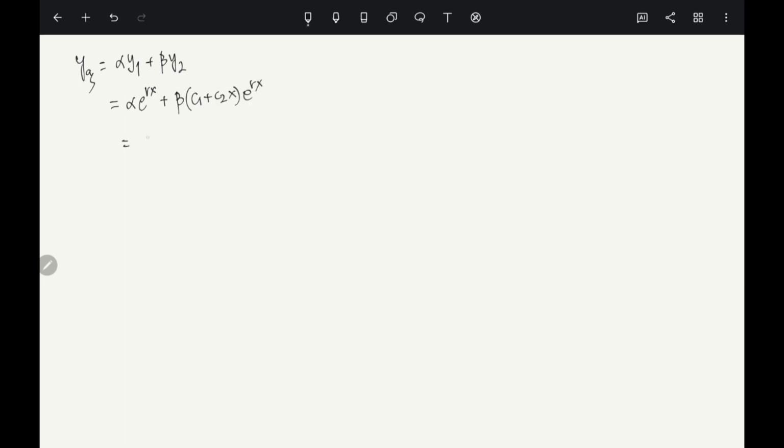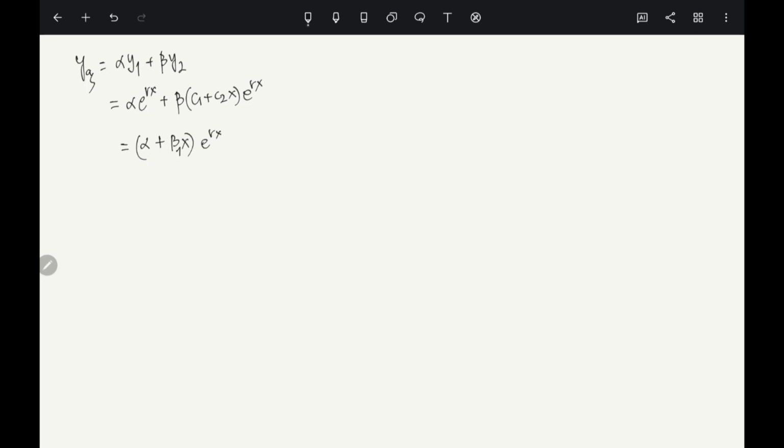So essentially, alpha plus beta times c1, and let's call beta times c2 as beta 1, times x e power rx. So that is the general solution.